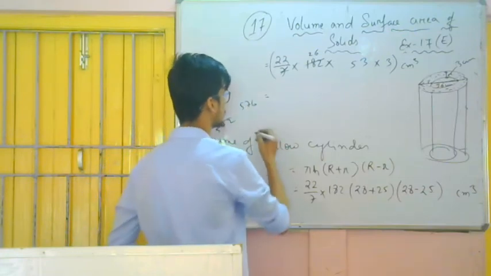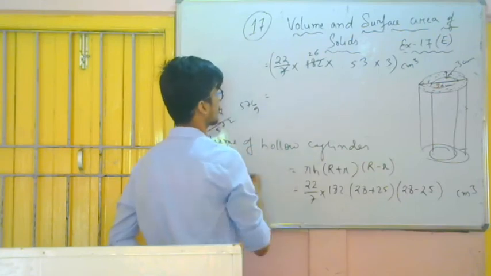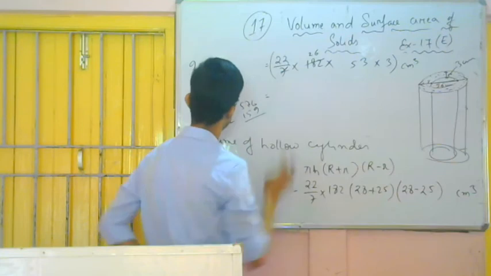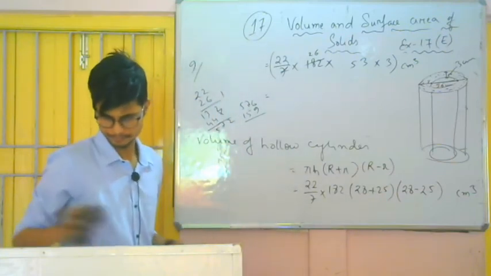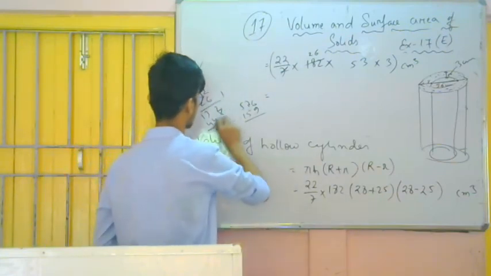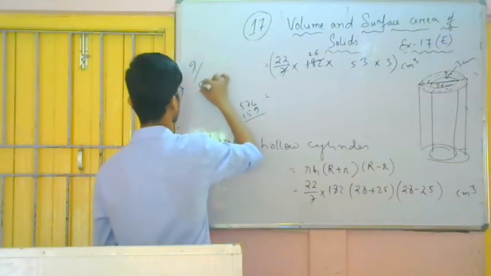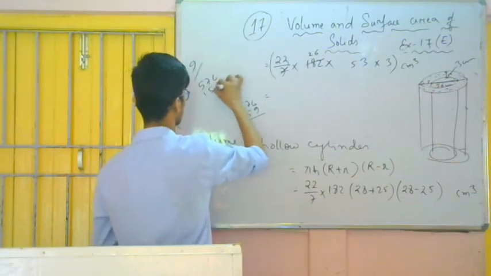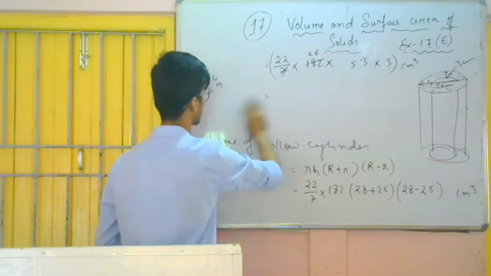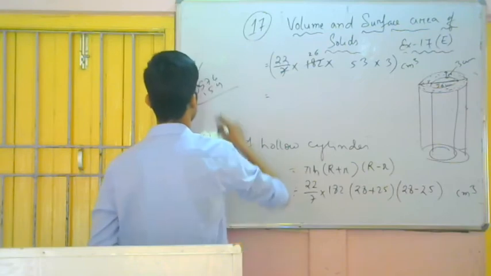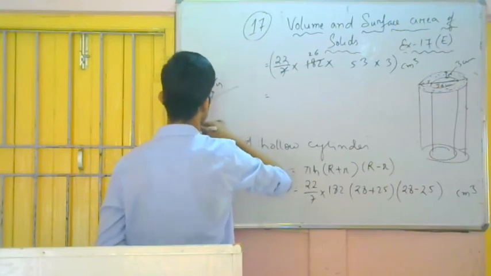And 53 3s are, 3 3s are 9 and 3 5s are 15. So I will multiply these two. 576 into 159. So it will be what?